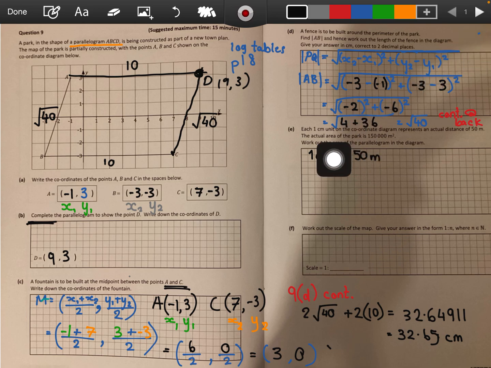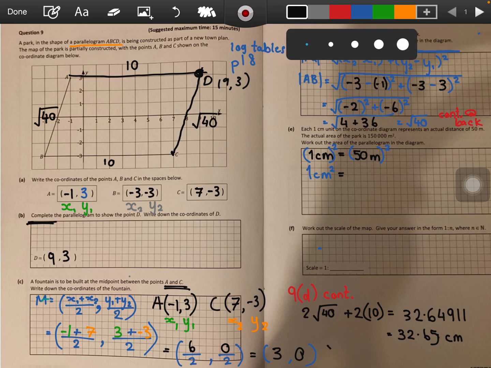It's looking at area, so we're actually having to go to squared units here. If I want to get a 1 centimeter squared equivalent, I'm going to have to square this to get 1 centimeter squared, which means I then have to square this as well, to get what it is in terms of meters squared.